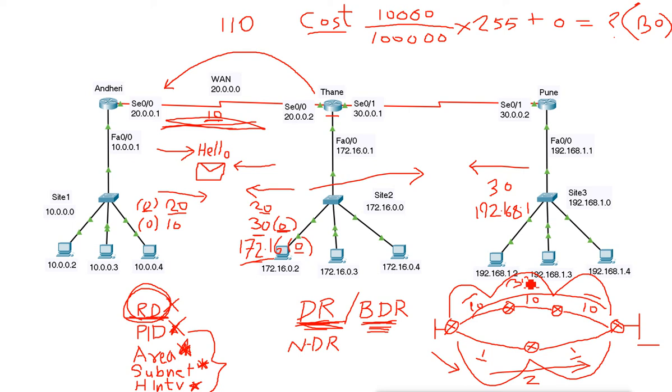So it will use this path, even though it has more hops. It will not take the other path, because it sees the cost as the metric, and it combines the cost of the currently connected network and the network which is given by the other neighbor router.